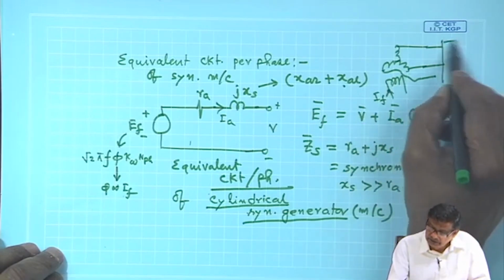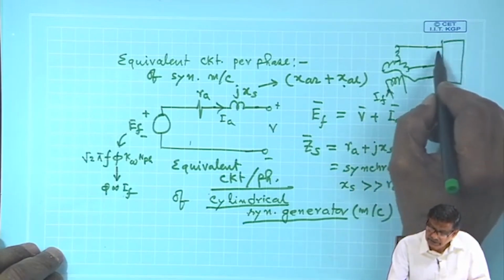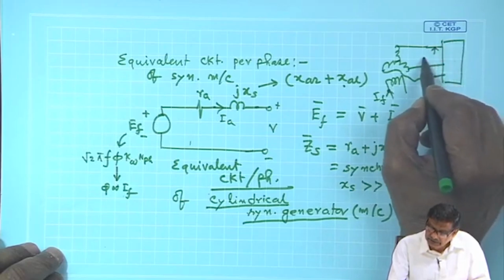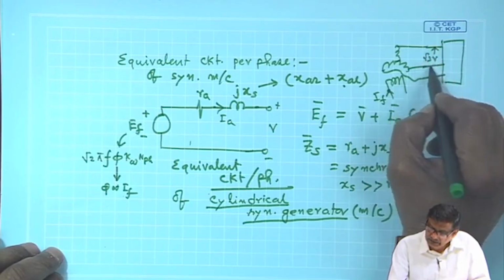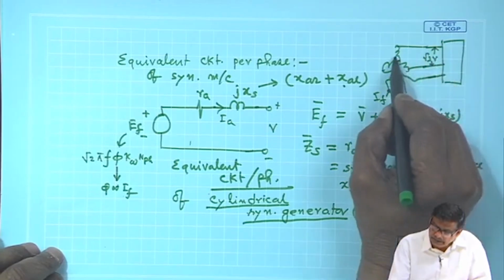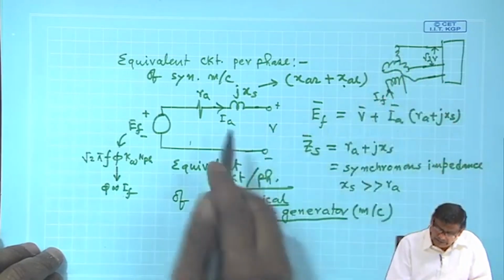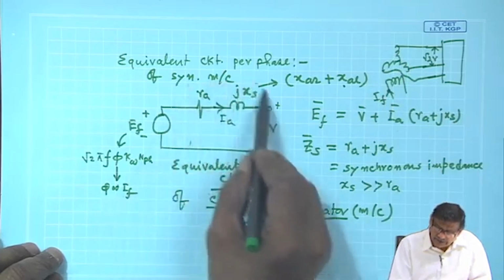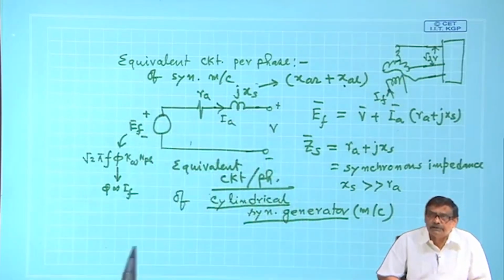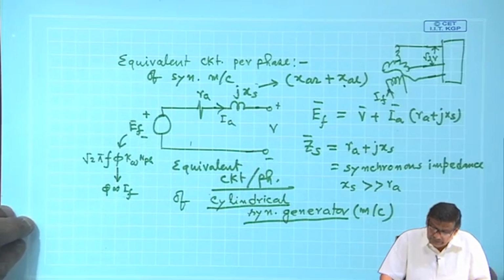So, if this voltage is root 3 V, the excitation voltage will be inside the machine, and this is the internal impedance of the synchronous machine. This is the thing.